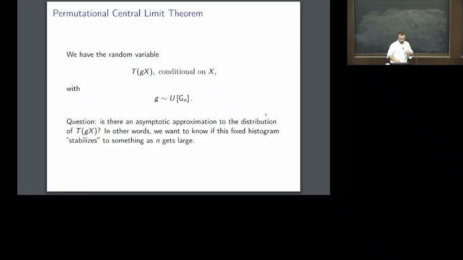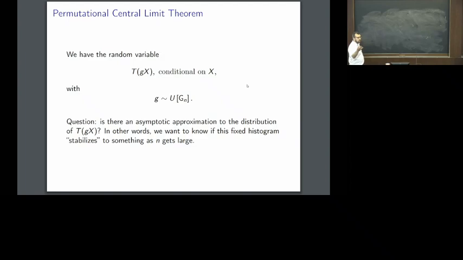Okay, so we have this random variable, T(gX) conditional on X, and we can think of the g being drawn uniformly at random from G(X), and ask, is there an asymptotic approximation to this distribution if we think of X as being fixed and g as being random?